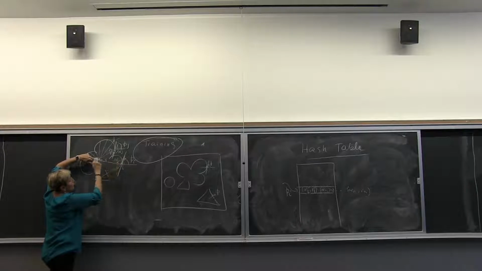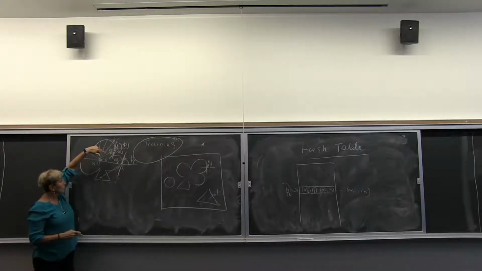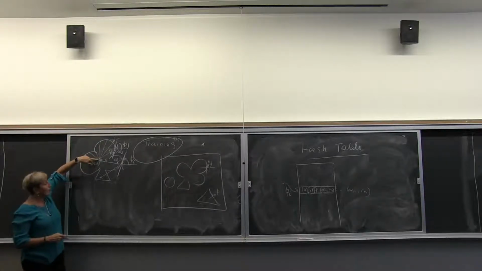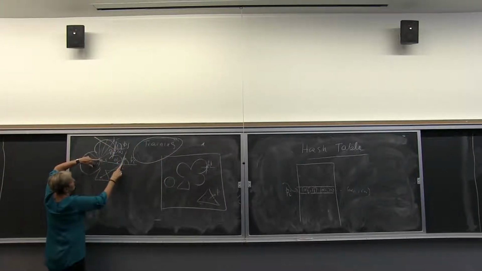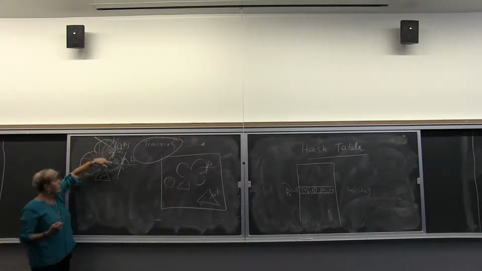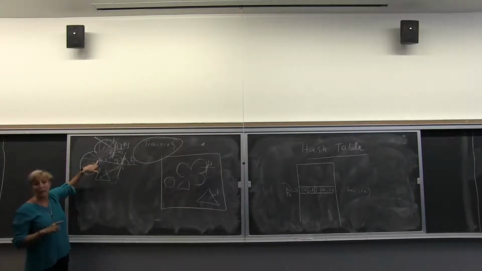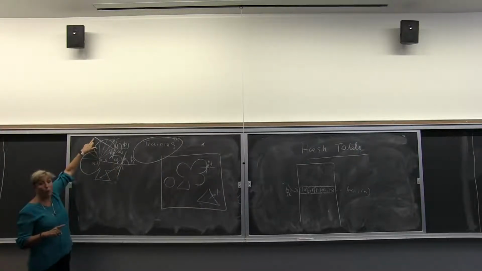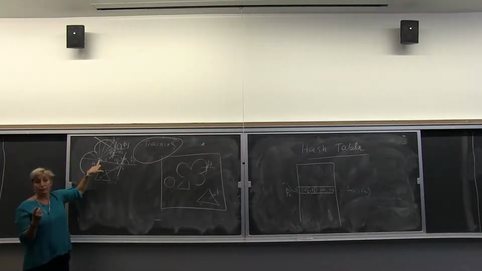So this guy votes for this guy and this guy. When I reach here, this guy votes for what? Votes for this guy, and what else? Something that's here, parallel to this guy. Right? So this guy votes for two things, this guy votes for two things. But guess what? They agree on this guy. So while this guy got one vote, this guy got one vote, this guy got two votes.